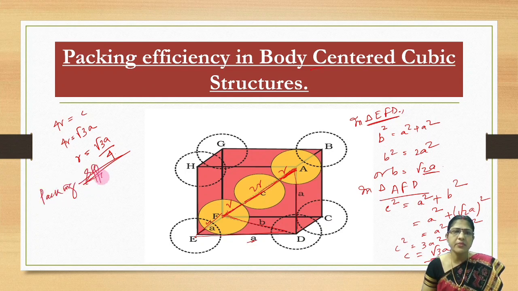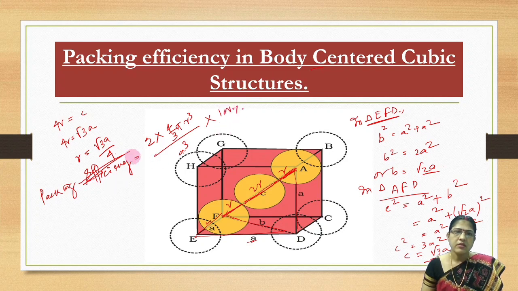the same formula: efficiency is equal to how much volume is occupied by spheres. In case of BCC, Z effective is 2, and every sphere's volume is 4 by 3 pi r cube. Volume occupied by 2 spheres per unit cell divided by total volume A cube into 100%, right?